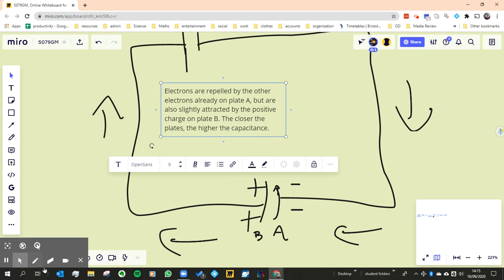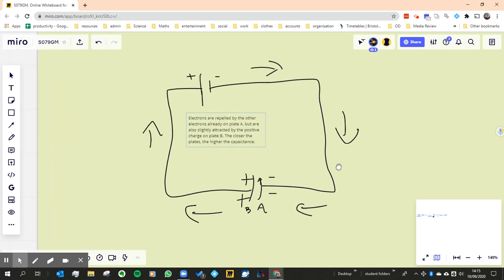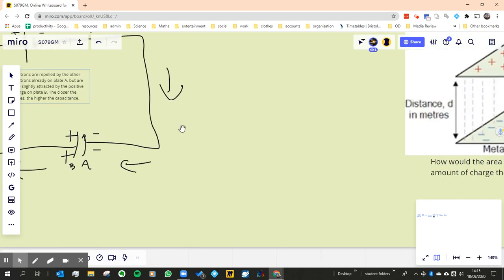Okay. Let me redraw plate A and plate B really big, and focus just on that part of the circuit. Oh, the surface area. No, I'm not talking about surface area at all at the moment.